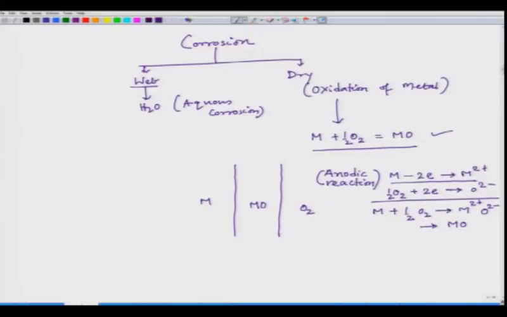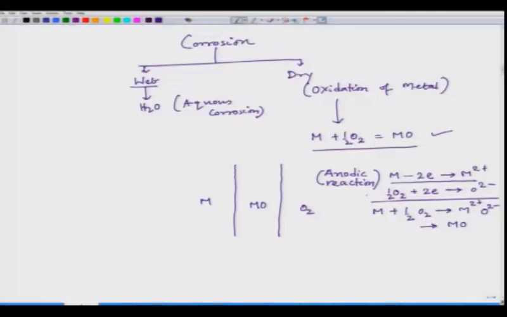When the metal leaves electrons, we call it oxidation. Now, this reaction is nothing but a reduction reaction, or cathodic reaction, and this is the oxidation reaction.